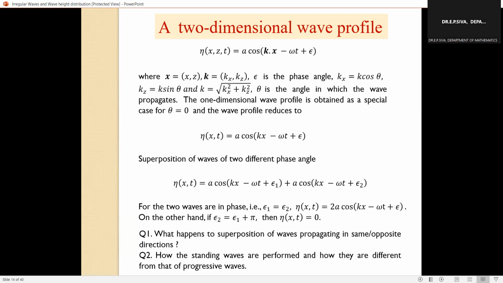If there is no phase difference, two waves of the same amplitude propagating in the same phase will give a resultant wave with twice the amplitude. On the other hand, if epsilon 2 is epsilon 1 plus pi, a 180 degree difference, then the sum will give you 0. And when the phase lag is 0, I say they are in phase.